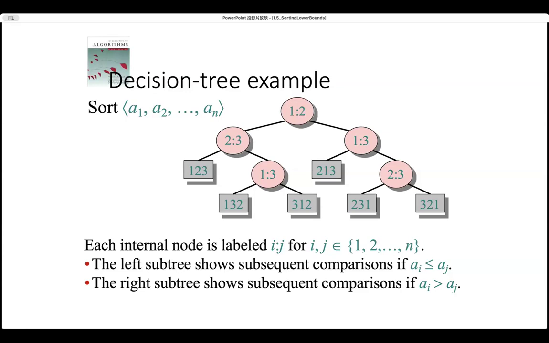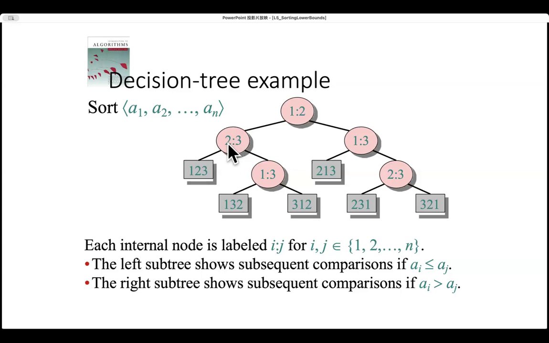So for example, let's go to the left, assuming that the first number is smaller than the second number. And again, we have an internal node here, and this time we compare the second number with the third number.